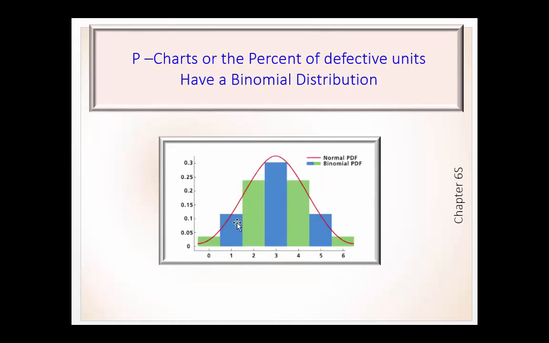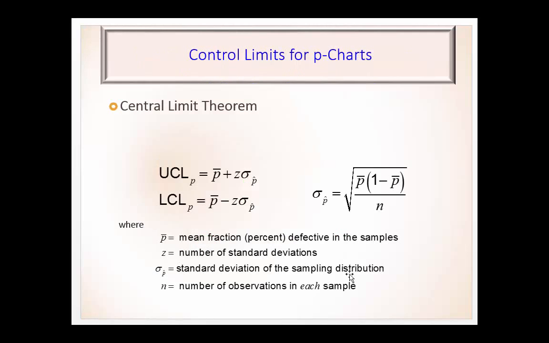So the bulk of our observations we expect to be right here in the center. With that, we can easily calculate the standard deviation of P and compute the limits, very similar to the other methods that we have done.